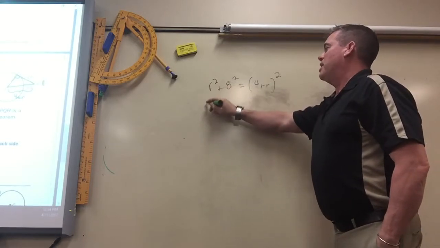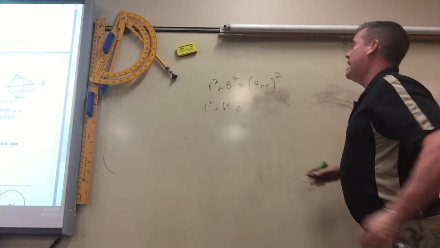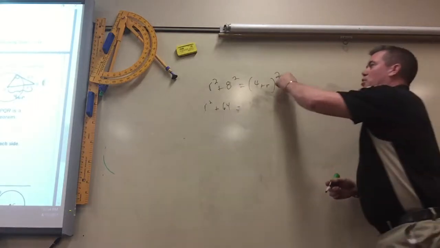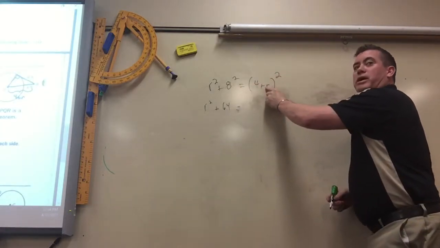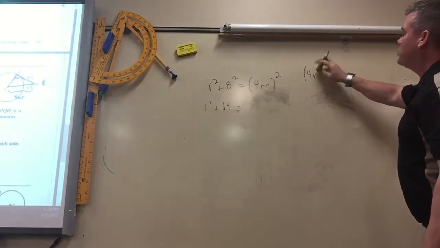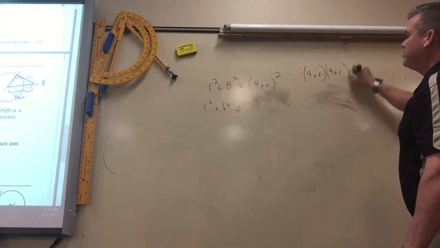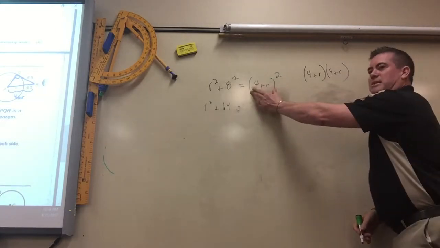So this just stays r squared. This is 64. Now the common mistake is people will go 16 plus r squared. But 4 plus r squared means we have to take 4 plus r times 4 plus r, right? Squared means you take it times itself.